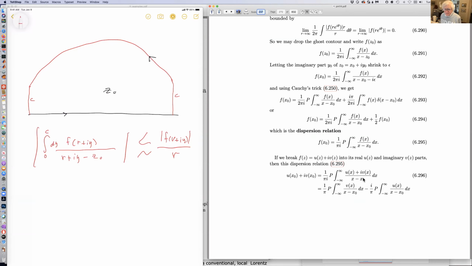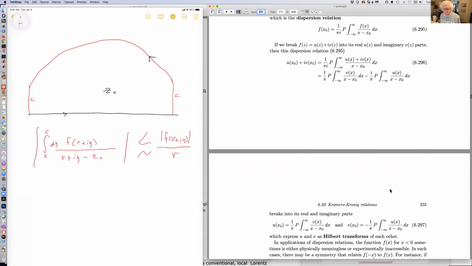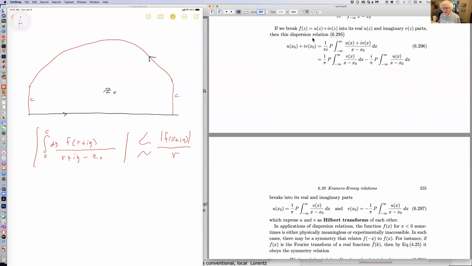Notice that the real part of the right-hand side uses the imaginary part of the function f, and on the other hand, the imaginary part of the right-hand side uses the real part of the function f. And now that's a complex equation. It breaks up into two real equations, one for the real part and one for the imaginary part. These are called Hilbert transforms.